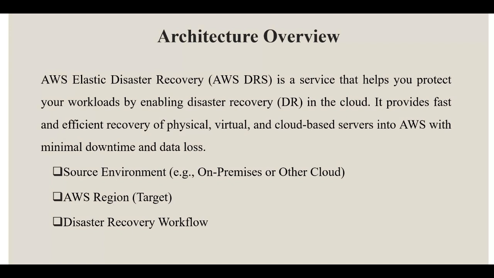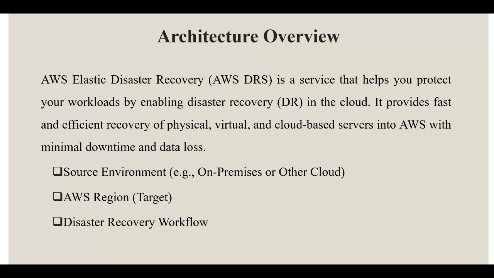The next is failover: automatic launch of recovery instances in AWS during a disaster. When a natural disaster or any disaster appears, it automatically launches recovery instances. The next is failback: after recovery, synchronization back to the source environment. Once the data is fully recovered, it is synchronized back to the source environment.